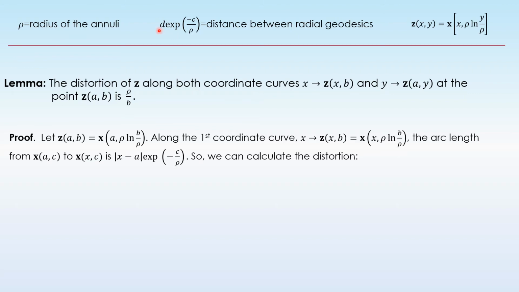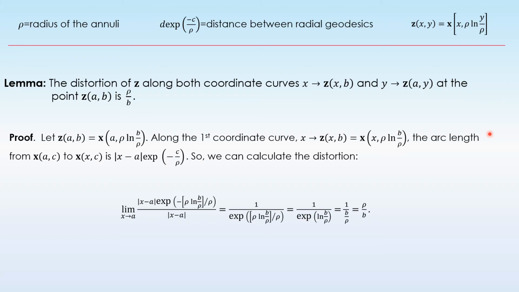Using this formula, d, our usual metric, is the absolute value of the difference between x and a, times e to the negative c over ρ. So if we use the definition of distortion, we are calculating the limit as x approaches a of the arc length between χ of (a, c) and χ of (x, c) divided by the distance from x to a.